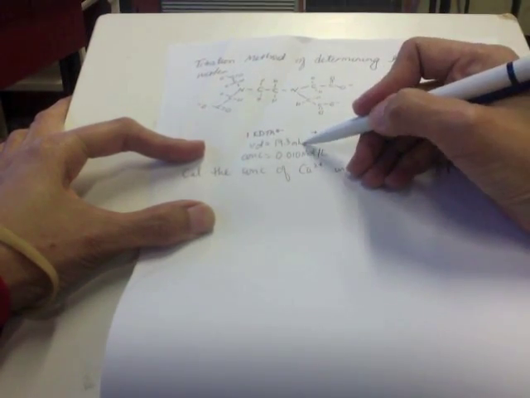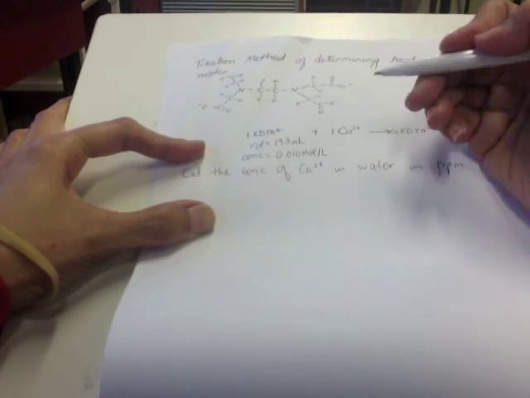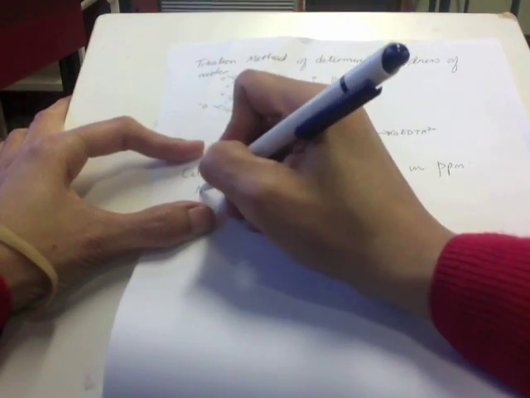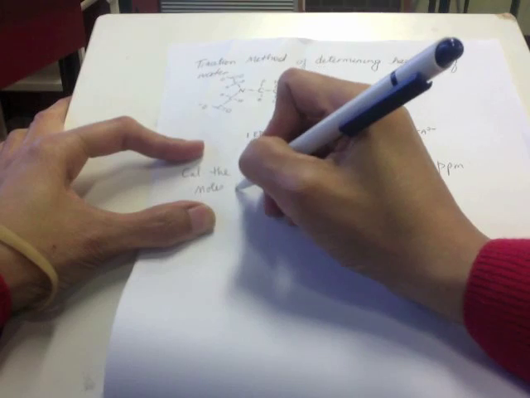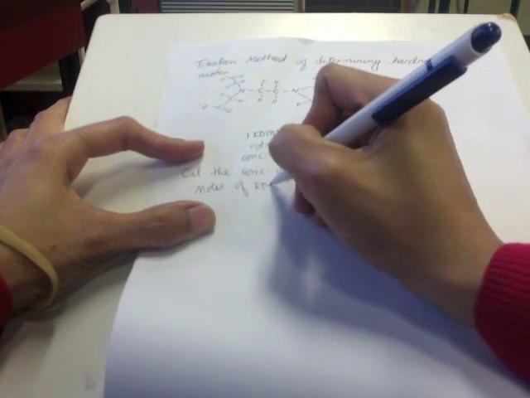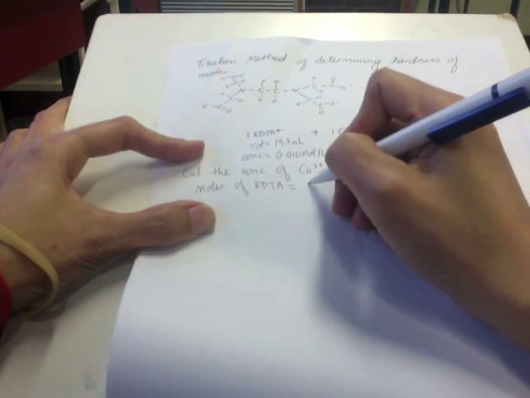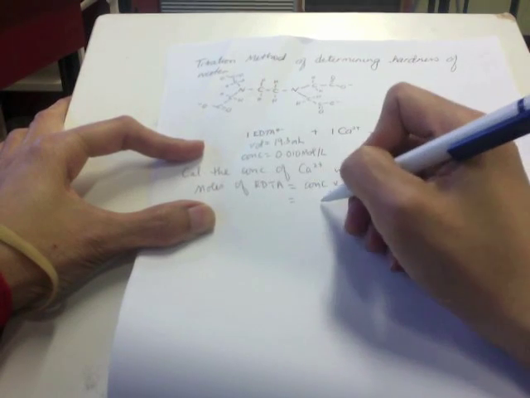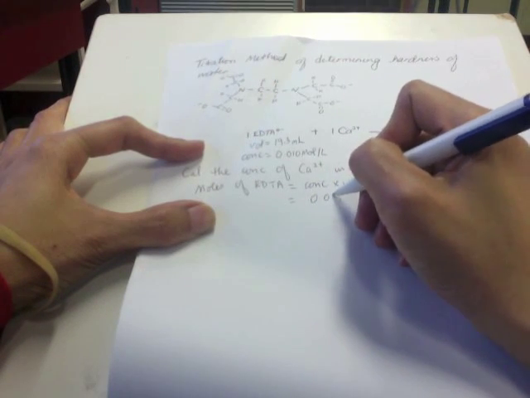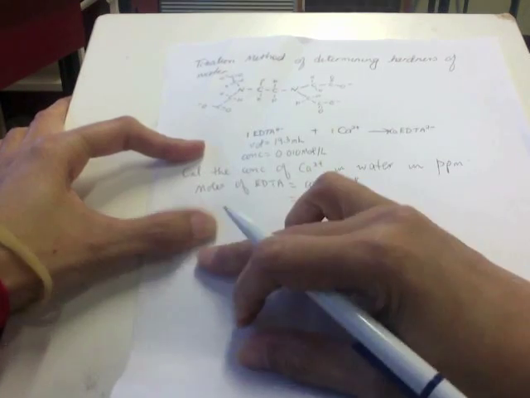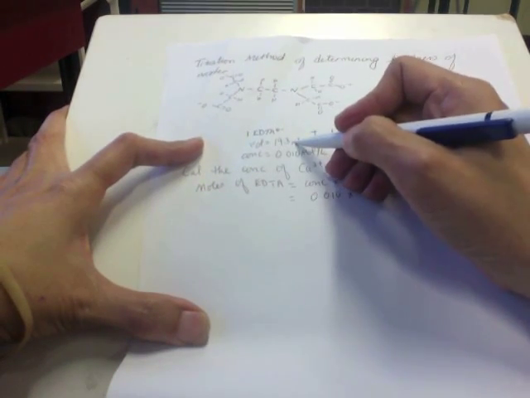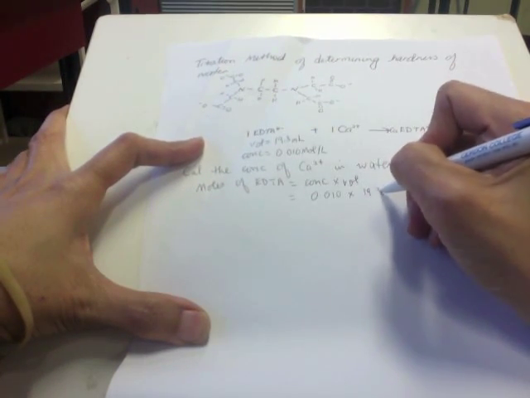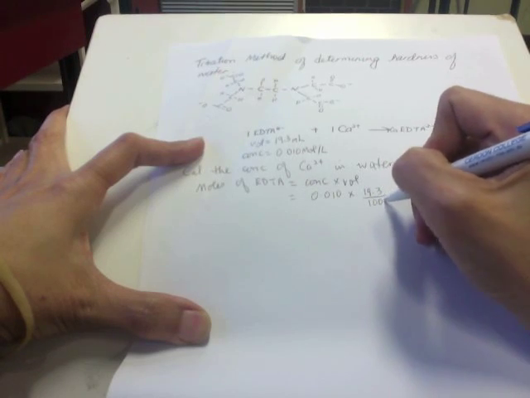Since we're given the volume and the concentration of EDTA, we can calculate the moles of EDTA. And that is concentration times volume, which is 0.010 times the volume, and you have to change it to liters.